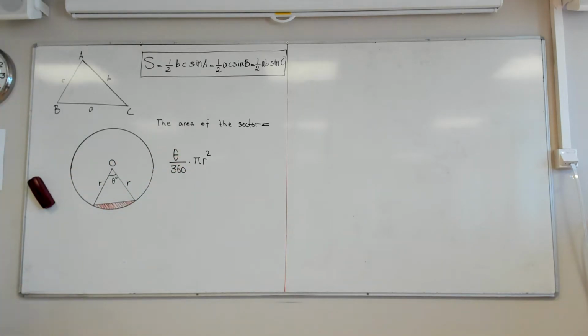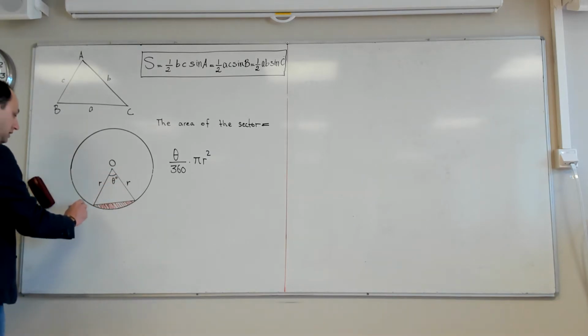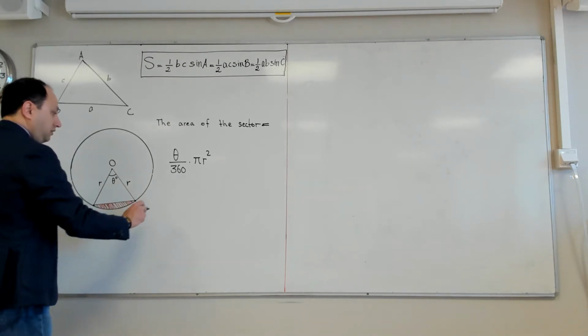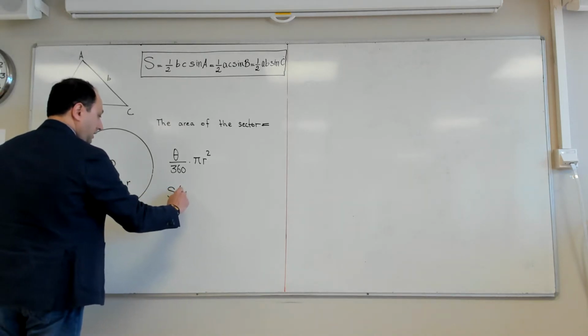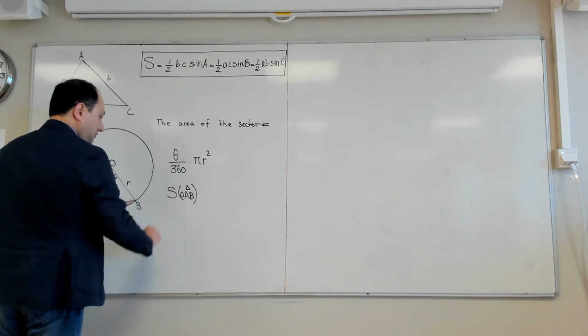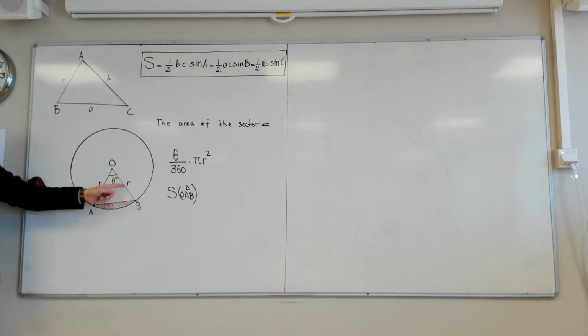Yes? And now, if I ask you, can you calculate the area of this triangle? So let me call it AB. The area of the triangle OAB. What is this one? This is now the new rule, yes? Because I have given you the length of two sides, and I have given you the angle between those two sides, yes?